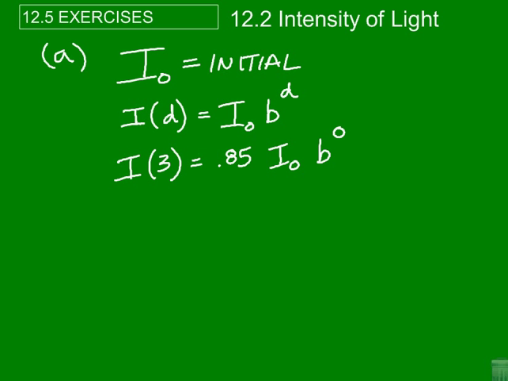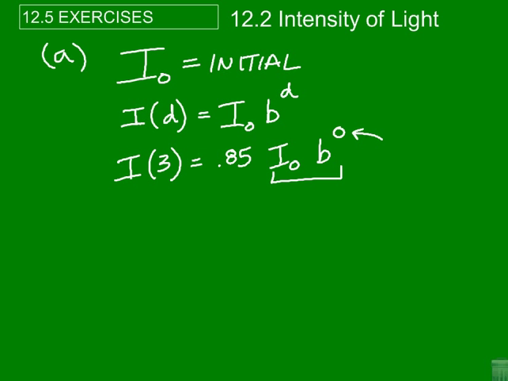So if we plug in 3 for the d, we could say that I of 3 equals 85% of the initial, but the initial at 0 depth, or just our initial value. Now b to the 0 is just what? 1. That's right. So I3 is 0.85 of I0, and that's going to be our starting point here as we begin to look at how to calculate.